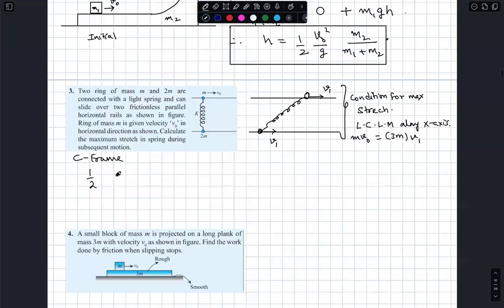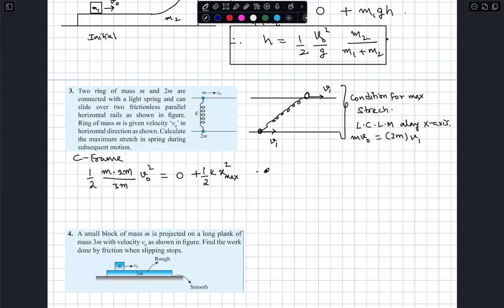Now, half reduced mass, m into 2m by 3m, times v relative square is equal to half k x max square, because at that time there is no energy in the spring initially. When the spring is under maximum stretch, v relative is 0 because this is v1 and that is v1, and half k x max square is the energy for the maximum elongation.